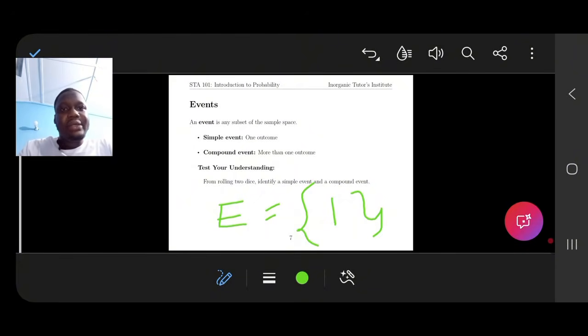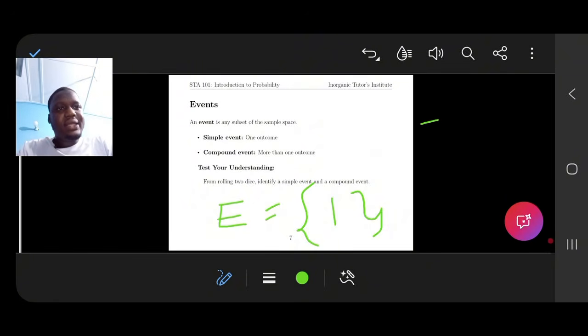When we roll the die, the event we are only interested in is that you get a 1. Aside from 1, the rest are not what you are really interested in. So you don't succeed when you roll anything aside from 1.